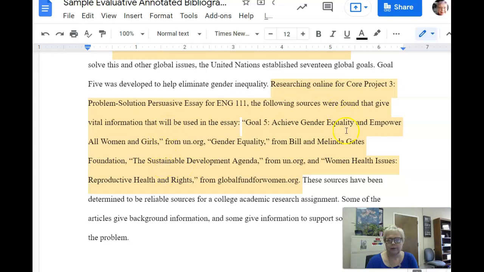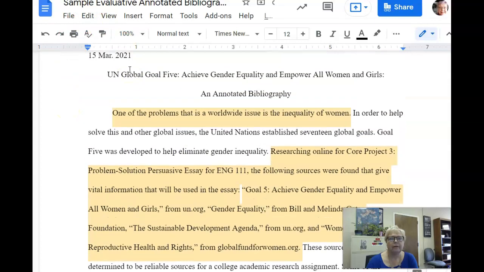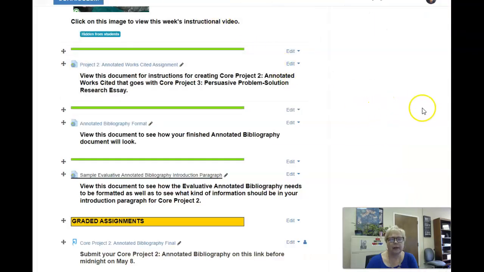So use my pattern here to get the correct information in there, and then somebody who reads your annotated bibliography will know exactly what it's for, what these sources have to do with, and how you were able to use them in a research paper that you did. So I think we have everything here that you need to be able to complete Core Project 2.